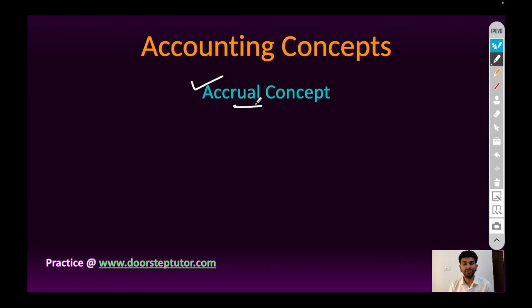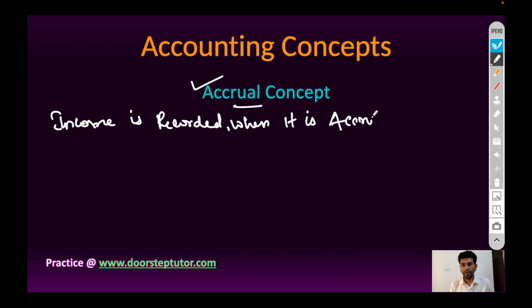Next, accrual concept. As we have discussed, income is recorded when it is realized. So income is recorded when it is accrued or realized. It means when it is earned. We have taken the example of credit sales. At the time of credit sales, income has been earned. So we have to record the credit sales transaction, but cash is not yet received.